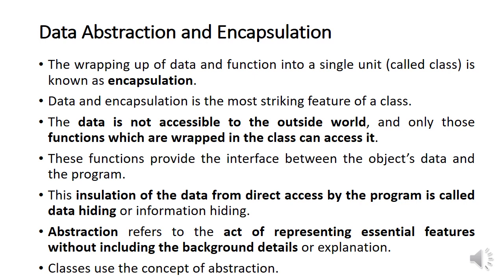Here, the data is only accessible to the functions which are wrapped inside that class. It is not accessible to the outside world. These functions provide the interface between the object's data and the program. This insulation of data from direct access by the program is called data hiding or information hiding.